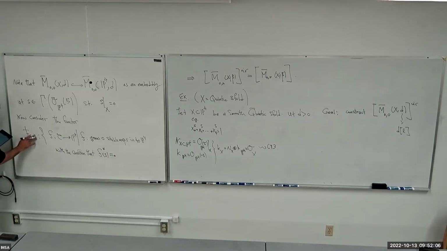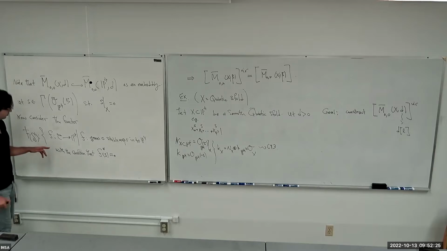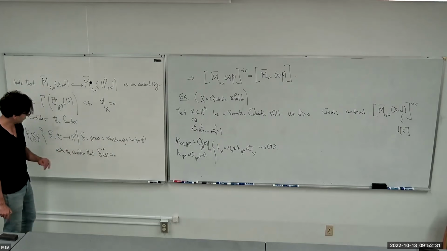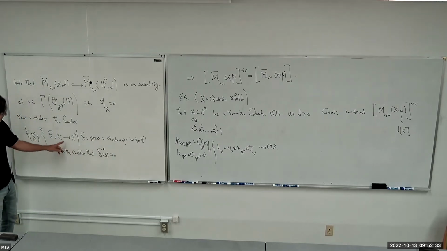I would like to call this something else, maybe I can call this big S. So I define a moduli functor such that over some scheme S parameterizes a set of isomorphism classes of genus 0 stable maps to P4 such that if I pull back the section of this bundle, it vanishes.